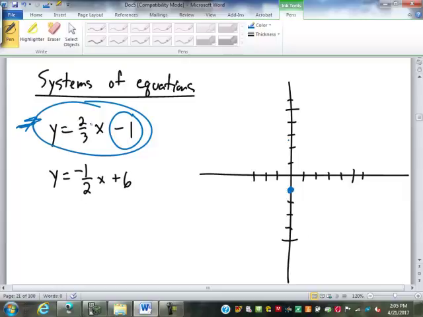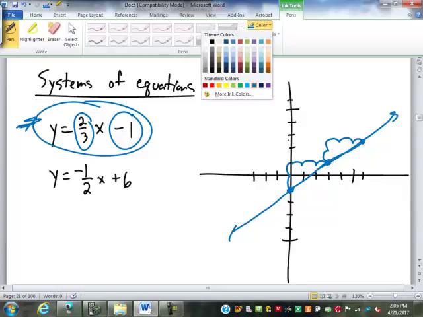From there, the number multiplying x tells us what to do. Go up 2 and over 3. There's our second point. I'll do it another time: up 2, over 3. My line goes through those points.